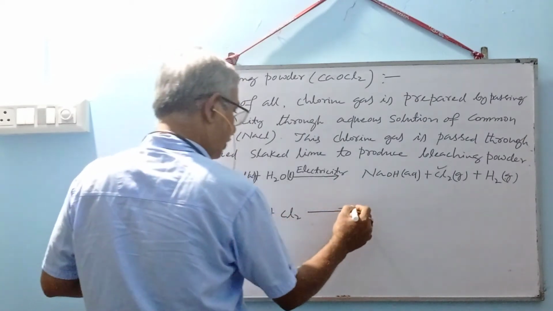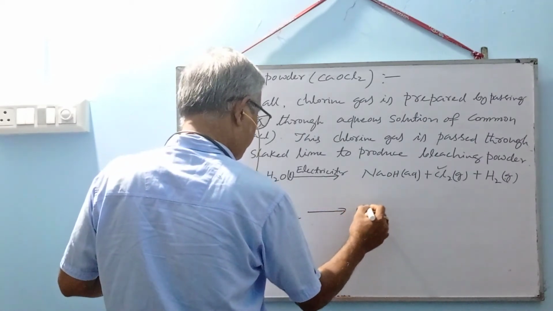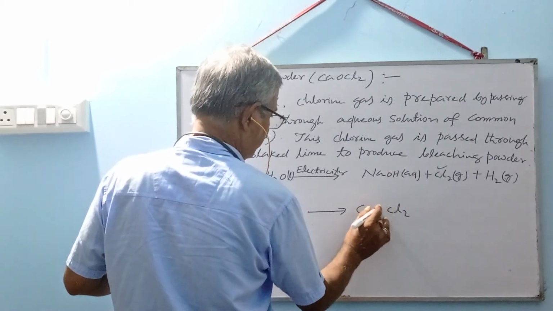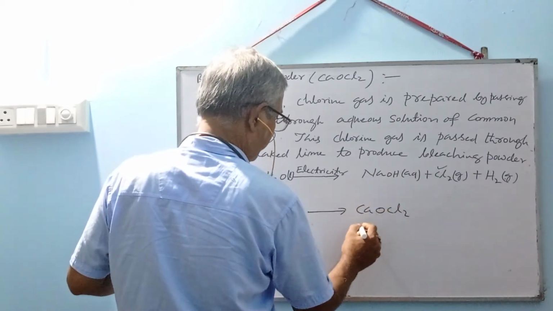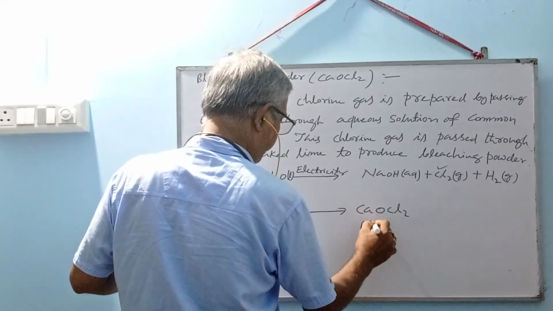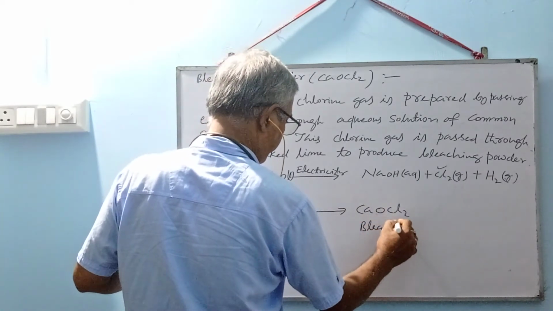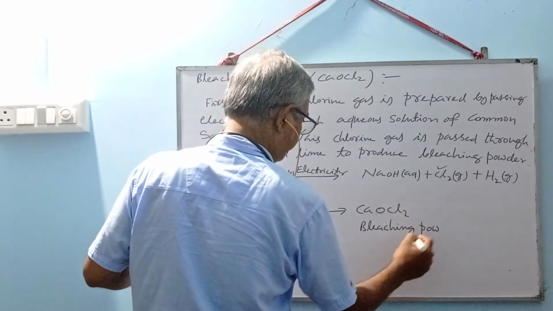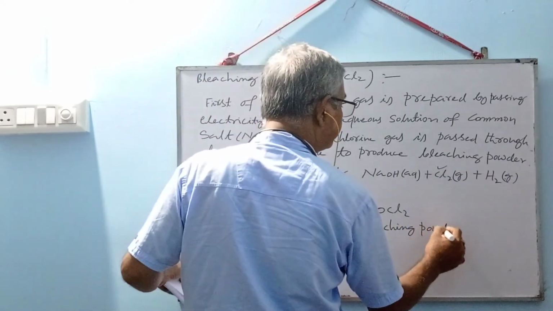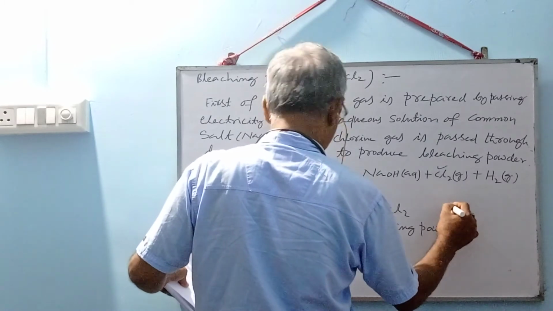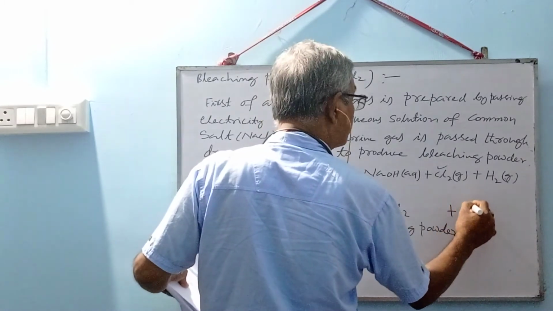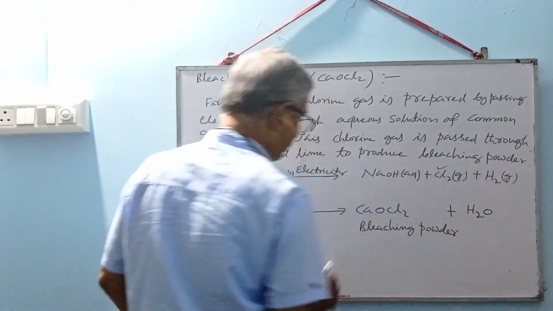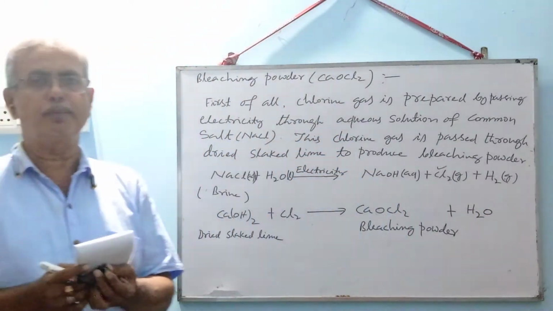You are getting CaOCl2. This is the formula of bleaching powder, plus you are getting water also. I hope you understood. In this way you got bleaching powder.